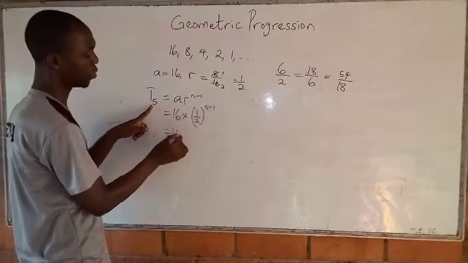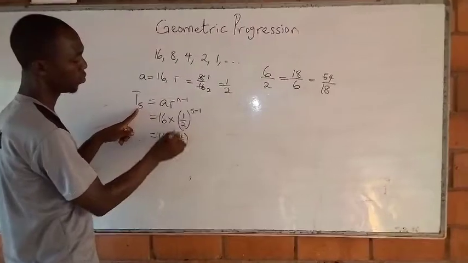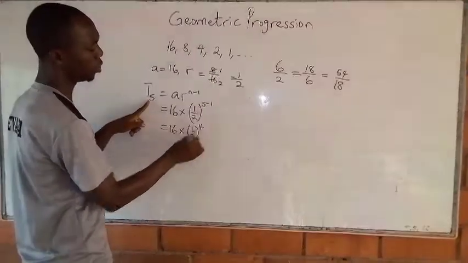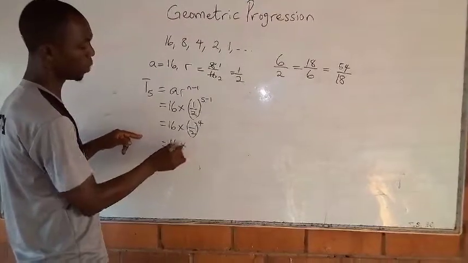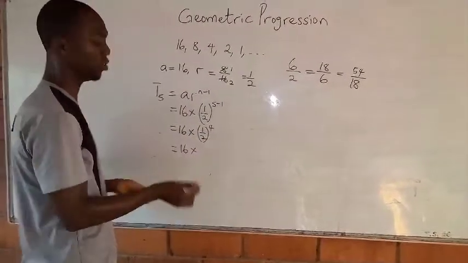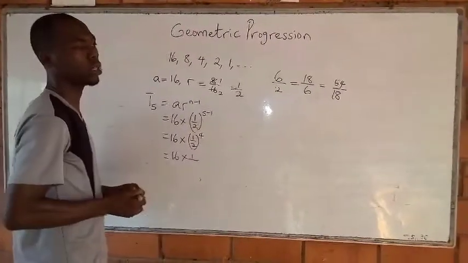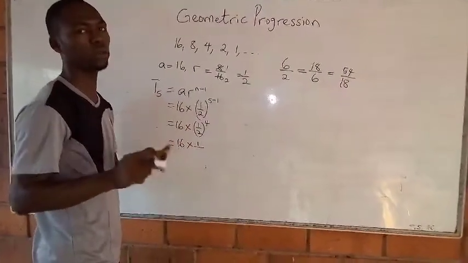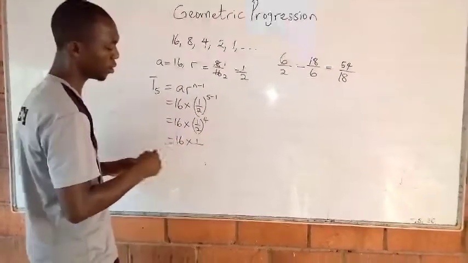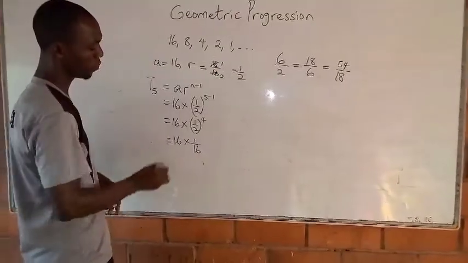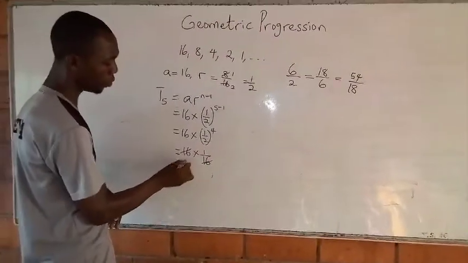That is 16 multiplied by 1 over 2 raised to power 5 minus 1, which is 4. We have 16 multiplied by 1 raised to the power of 4, which is definitely 1, over 2 raised to the power of 4. That is 2 multiplied by 2 is 4, by 2 again is 8, by 2 is 16. So 16 cancels 16. We are left with 1.